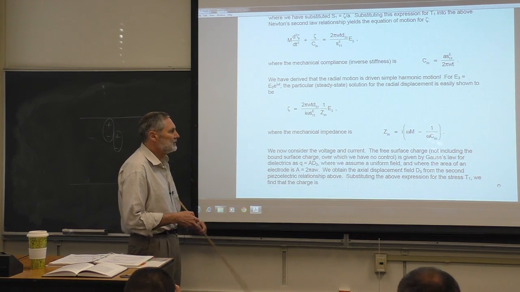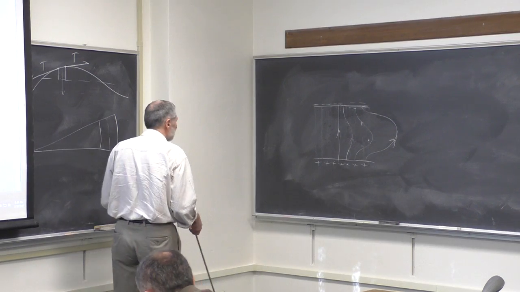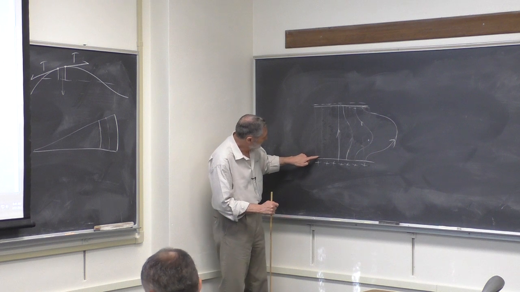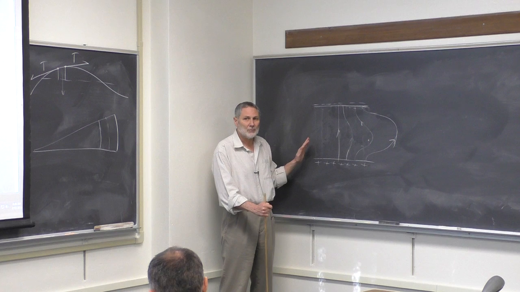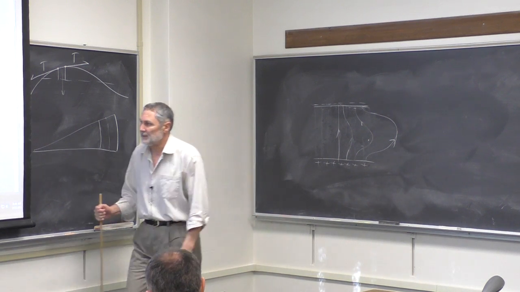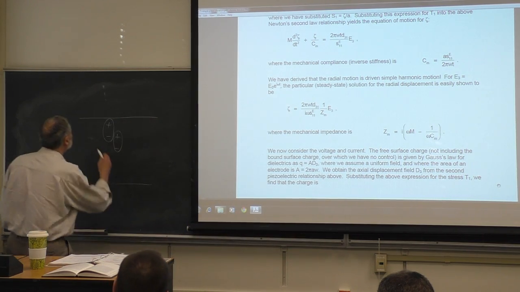There will be some bound charge in the material here. We don't have any control over that, but we do have control over the free charge, and the displacement field is dictated by the free charge. And the way it's, I should have added this.